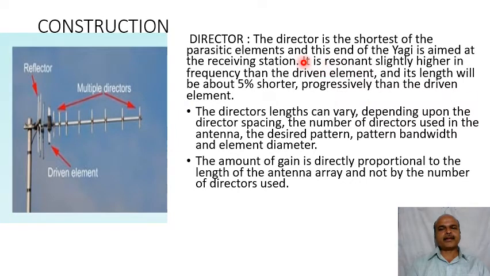Next is the director. These are the multiple directors, if you observe. The director is the shortest of the parasitic elements, and this end of the Yagi is aimed at the receiving station. It is resonant at a slightly higher frequency than the driven element, and its length will be about 5% shorter progressively than the driven element.